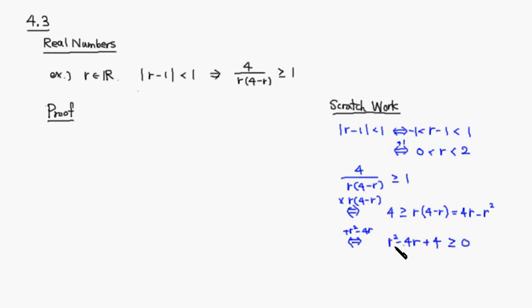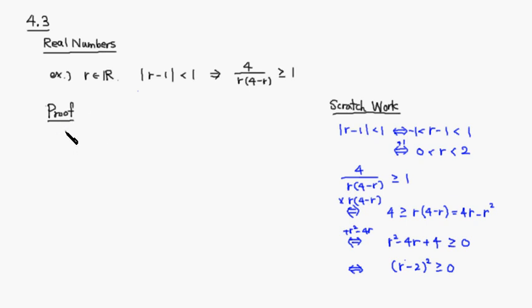Then we notice we can complete the square. So you have r minus 2 squared is greater than or equal to 0, which is nice because we already know this is a true statement. So all you have to do is go backward to make the conclusion that we want. This is the scratch work, and now I'm going to write the actual proof.